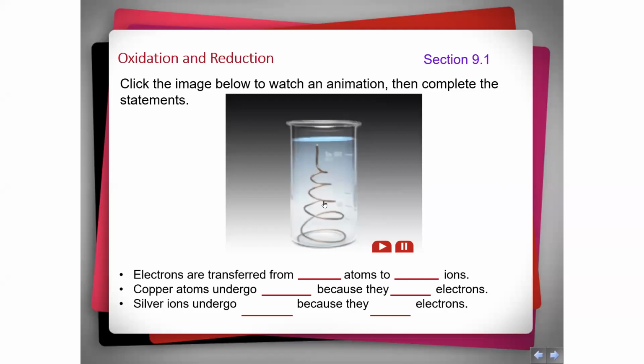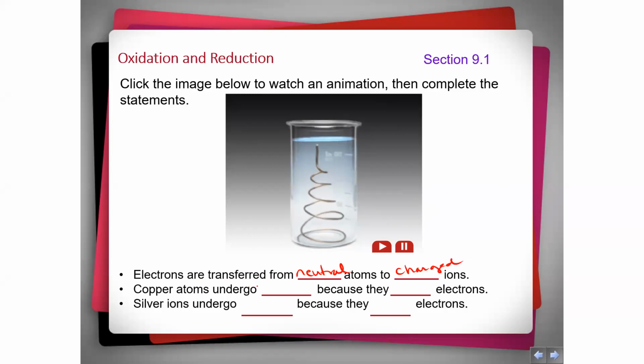Okay, so now that we've seen that video, hopefully you can answer some of these questions. So you can pause it right now and try to answer these questions, and I will go ahead and answer them. Electrons are transferred from neutral atoms to charged ions.